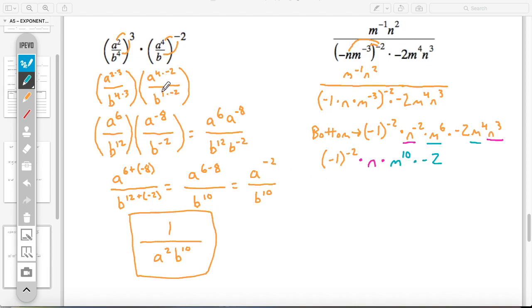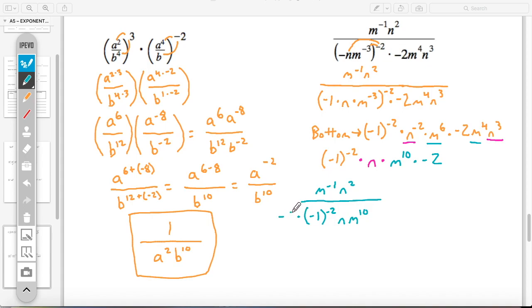Okay, so now let me rewrite my entire expression now. So I have m to the -1 n squared divided by -1 to the -2nd power n m to the 10th.